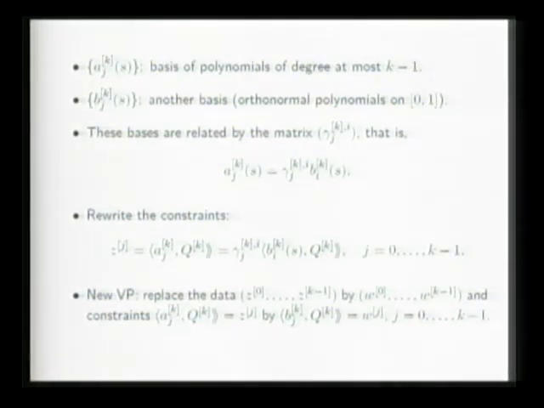So you replace the constraints hj qk equal to zj by bj qk equal to some other quantities wj. The z and w are related just by this change of basis matrix, gamma k.